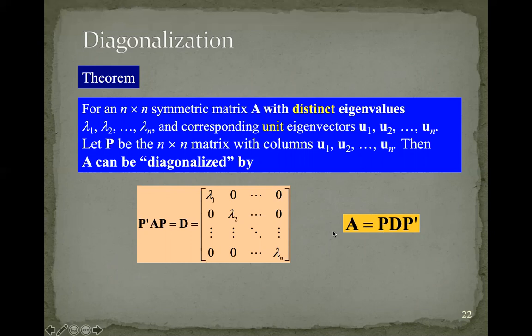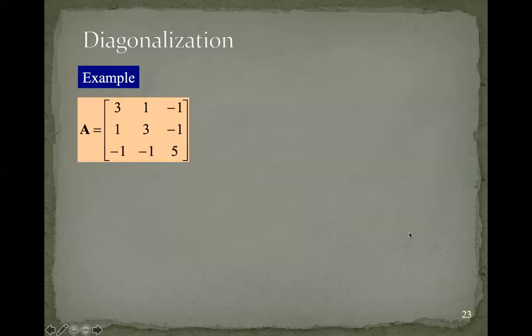Okay, so again, from the original matrix A, we can decompose or diagonalize it into the eigenvectors matrix multiplied by the eigenvalues matrix and the transpose of the eigenvectors matrix.